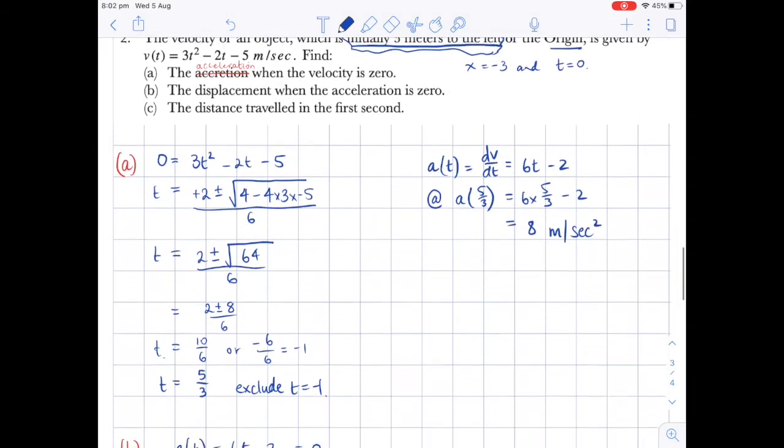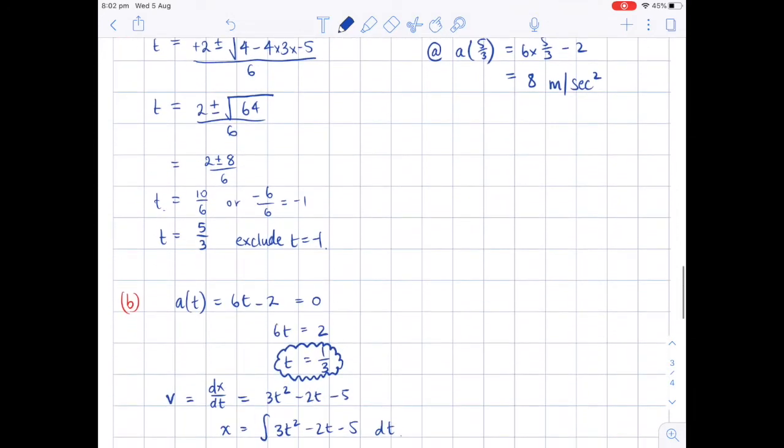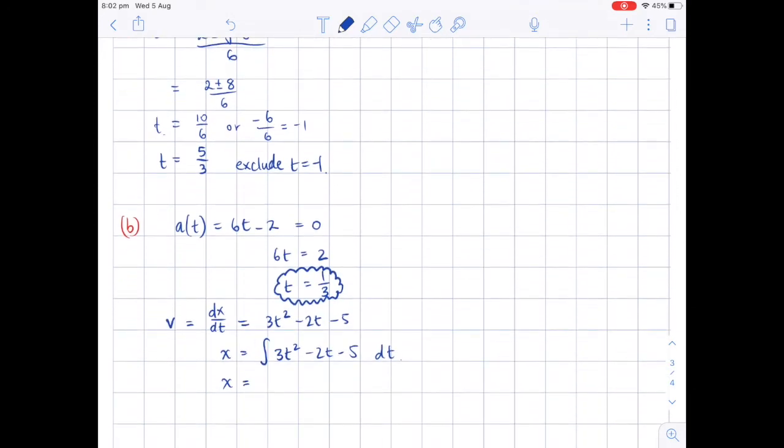So I can use that definite integral trick here and say I want to find this at 1/3, and I know when t is 0 the x value is -3.